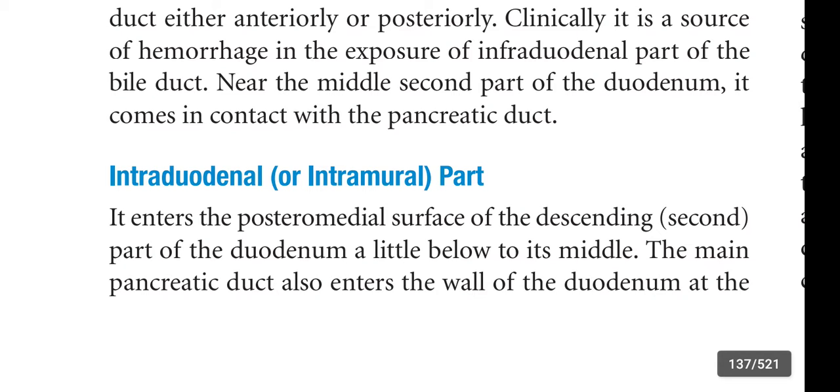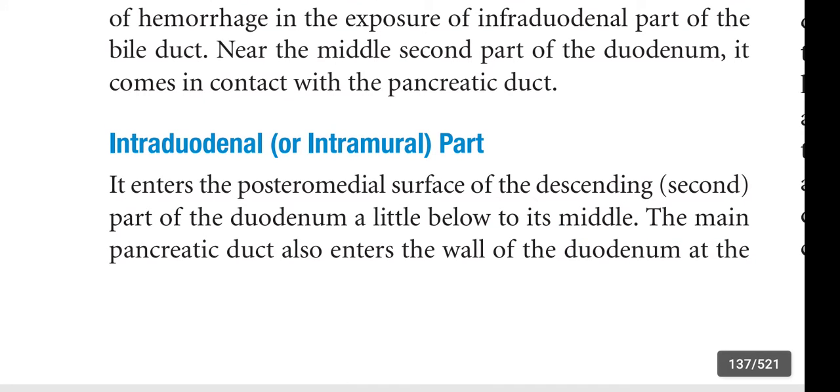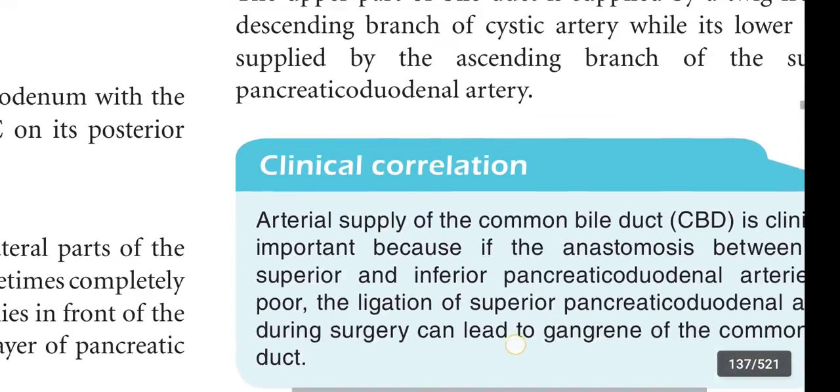Next, the intraduodenal or intramural part. It enters the posteromedial surface of the descending or second part of the duodenum, a little below its middle. The main pancreatic duct also enters the wall of the duodenum.